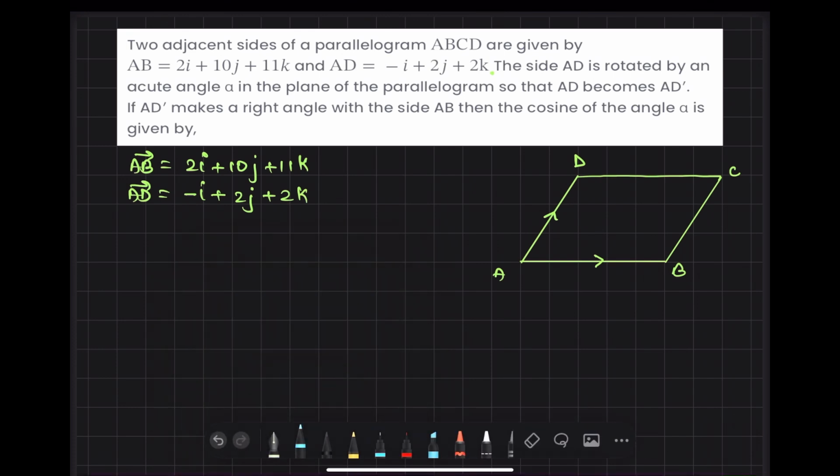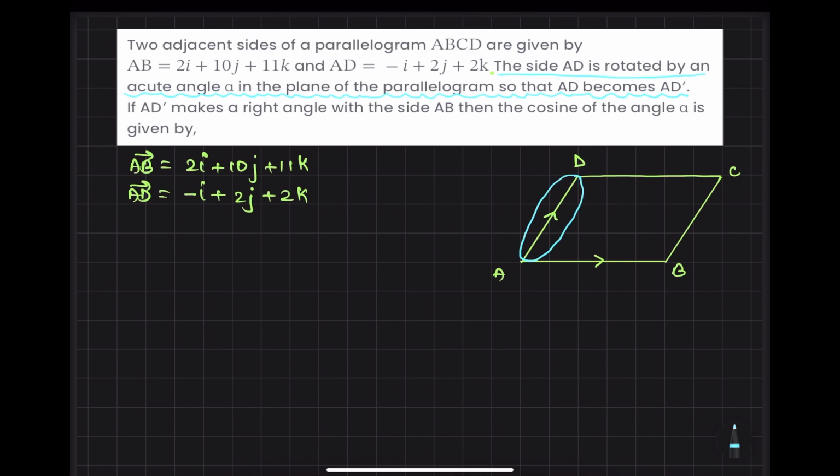Now the side AD is rotated by an acute angle alpha in the plane of the parallelogram so that AD becomes AD dash. So look at this line.